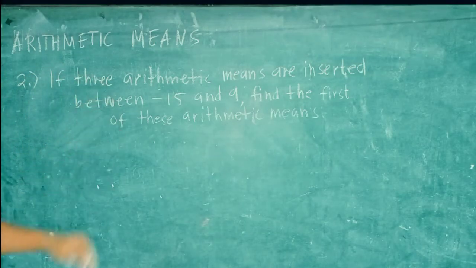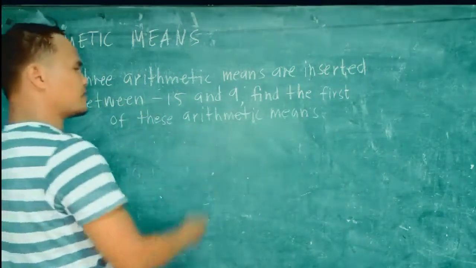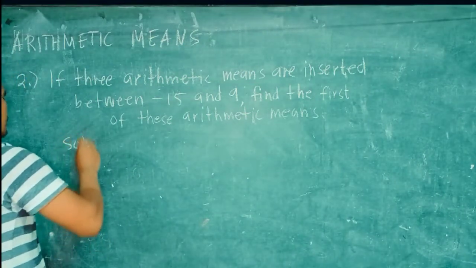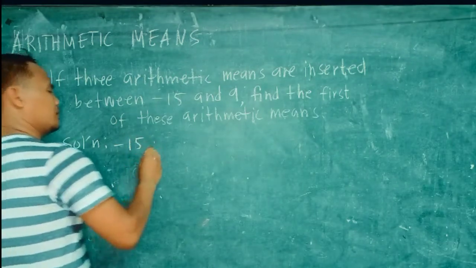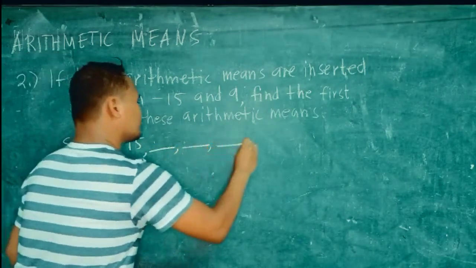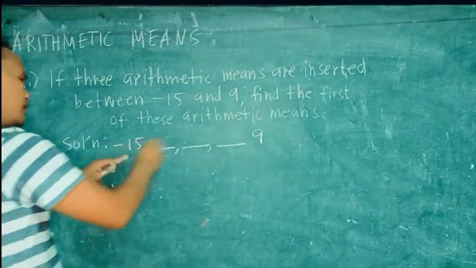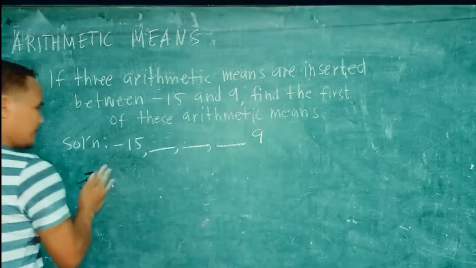Example number 2. If 3 arithmetic means are inserted between negative 15 and 9, find the first of these arithmetic means. Solution. So we have negative 15. There are 3 terms that we are going to insert between these 2 terms, the arithmetic extremes. First we are going to find the common difference.